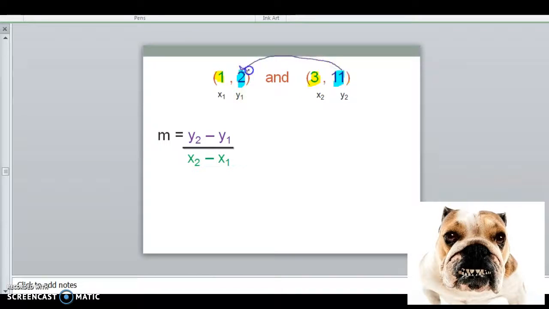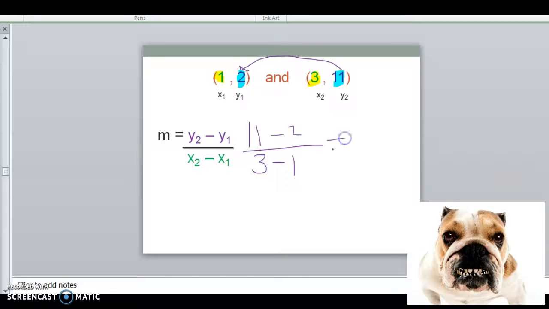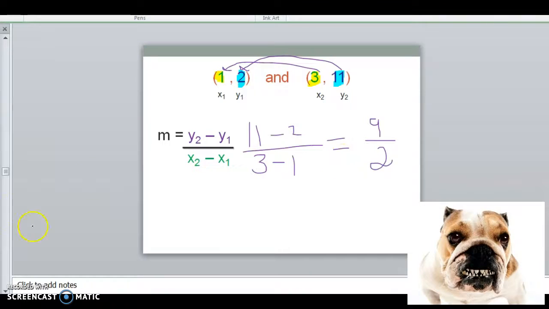I'm going to do 11 minus 2 over 3 minus 1. 11 minus 2 is 9. 3 minus 1 is 2. Actually, there's 2 more examples I want to point out because they're what we call a little bit more special.